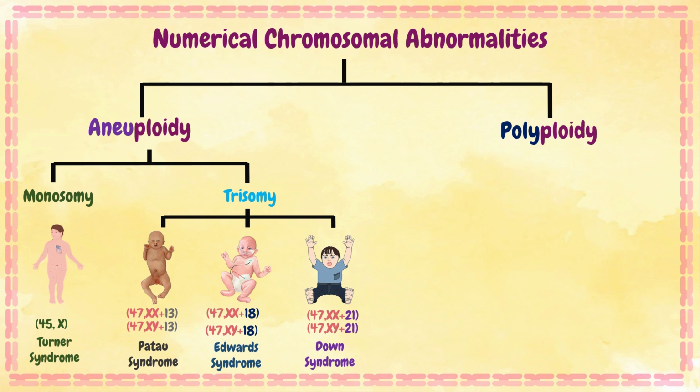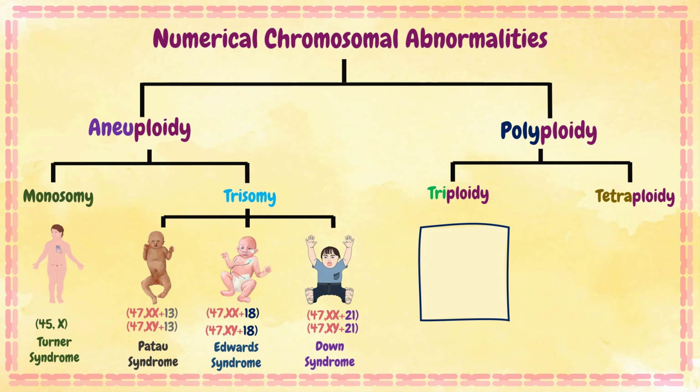In the case of polyploidy, extra chromosome sets are being inherited. But remember that we are talking about chromosome sets, not chromosomes only. There are 2 types of polyploidies: triploidy and tetraploidy.